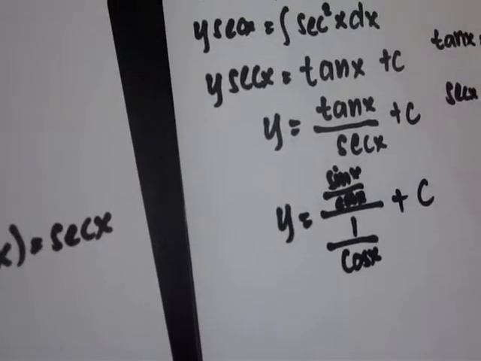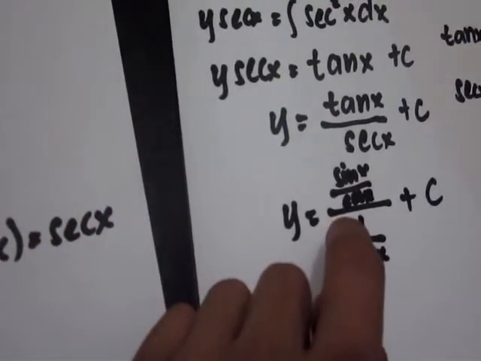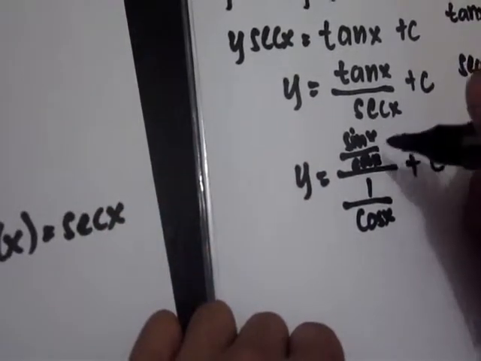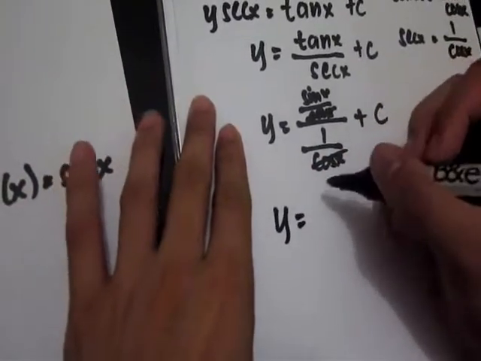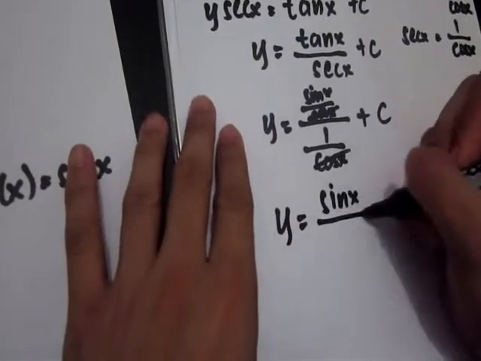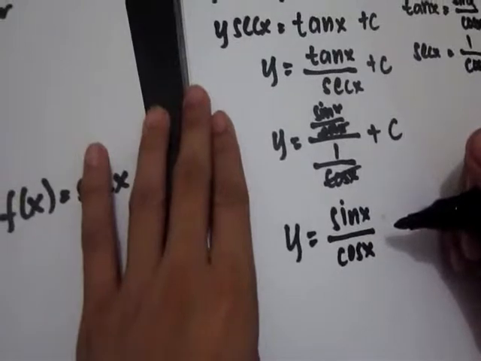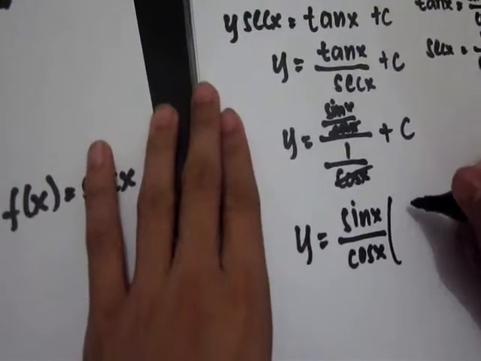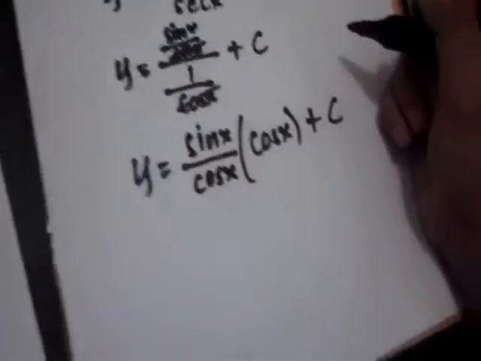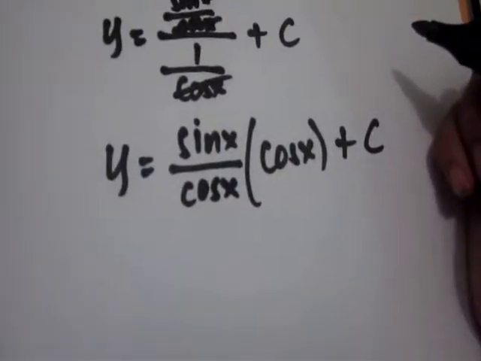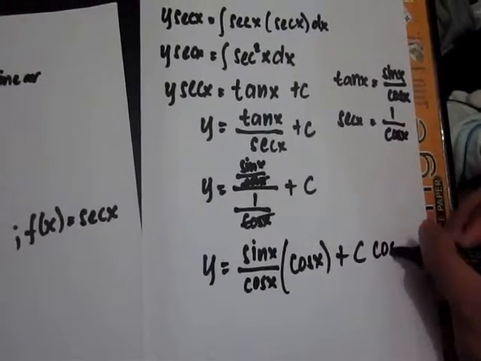Here we can cancel out cosine of x, or simply multiply the equation by cosine of x.